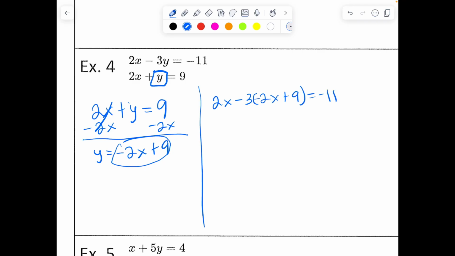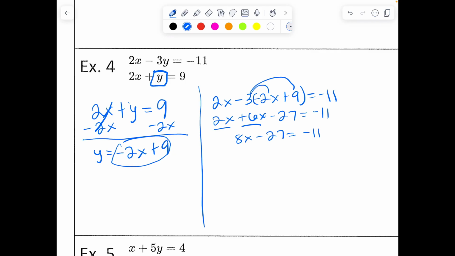I can take this part of the expression and plug it into the other equation, and then I can solve for x. First, I need to distribute. Negative 3 times negative 2x is positive 6x. Negative 3 times negative 9 is negative 27. Then I combine like terms. 2x and 6x combine to make 8x. Then I can solve like I normally would.